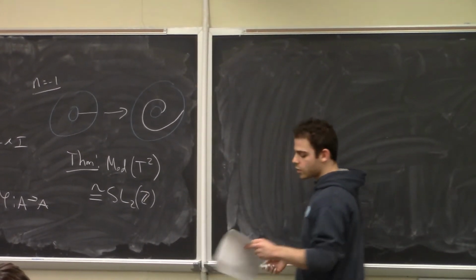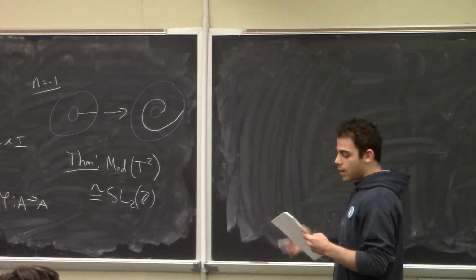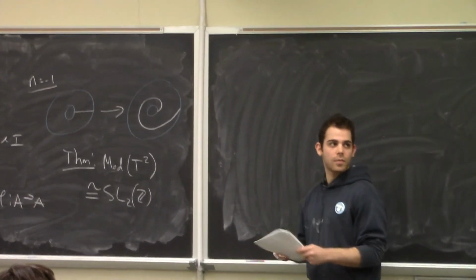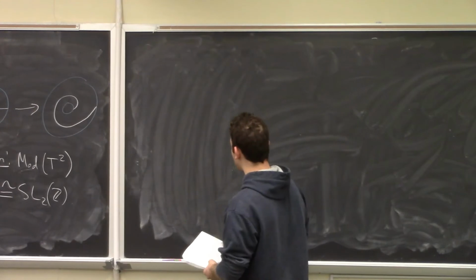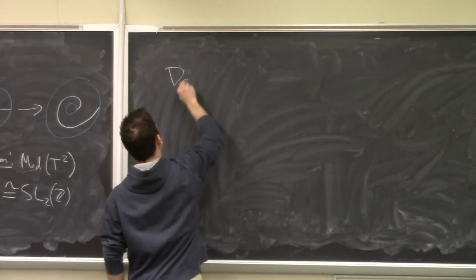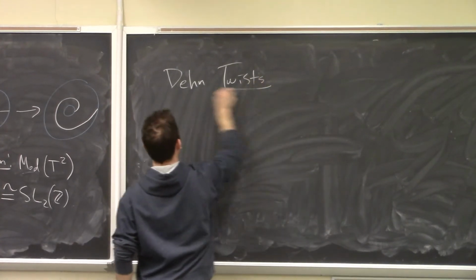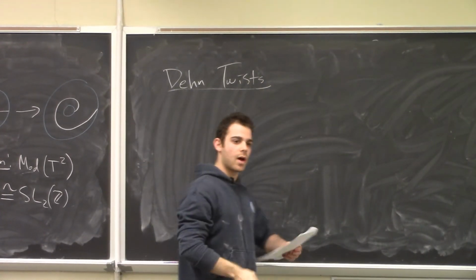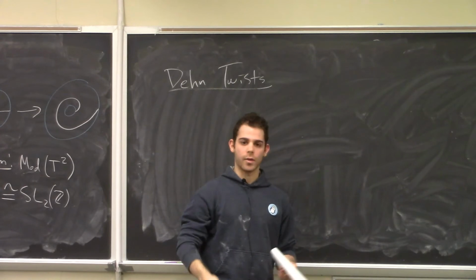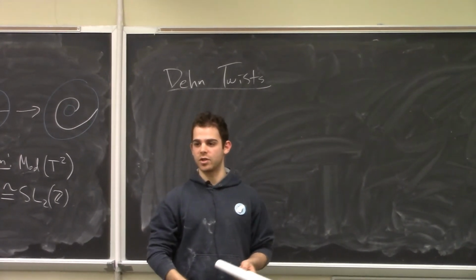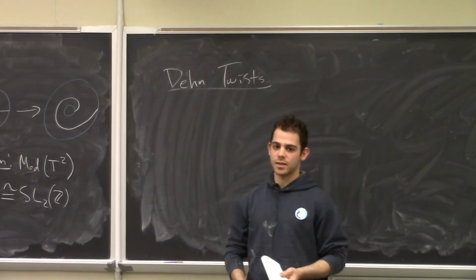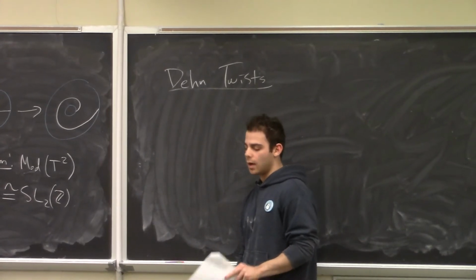Okay, so that's cool. Now I can tell you what a Dehn twist is in the last couple minutes. So Dehn twists are probably the most well understood elements in the mapping class group outside of hyperelliptic involutions, which are so well understood in so many different contexts that it's not even comparable.